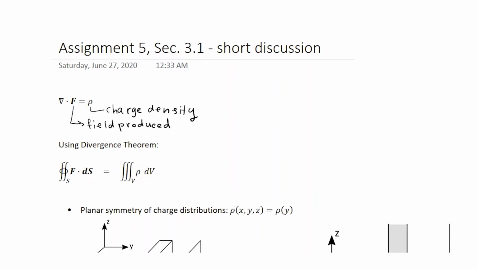And using the divergence theorem, you were able to take this point form expression and get it to the integral expression, where on the left-hand side you have the outward flux of this vector field F through the closed surface S. And this circle you see denotes the closed surface.